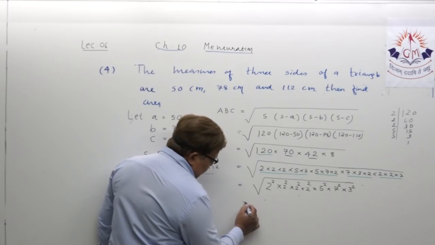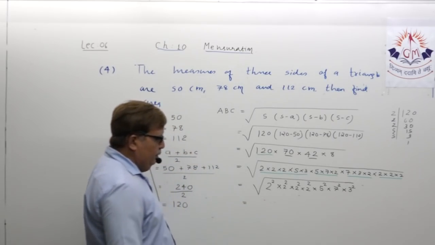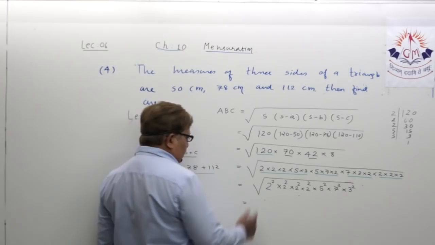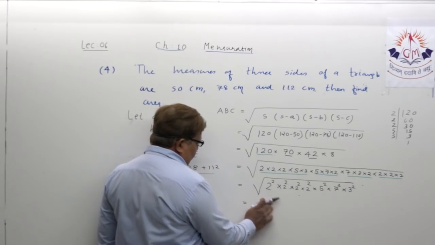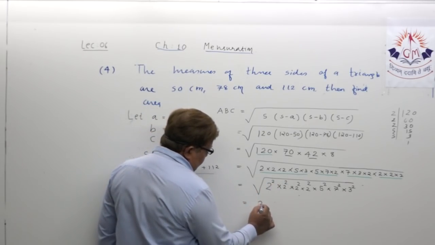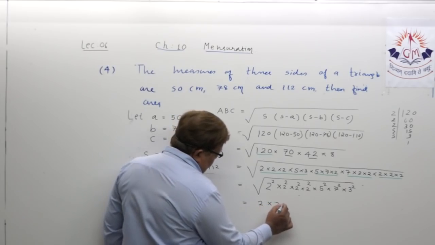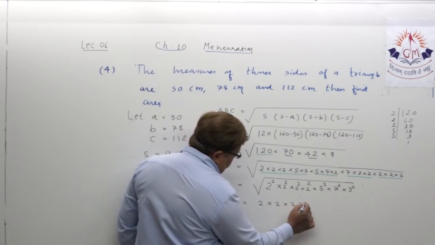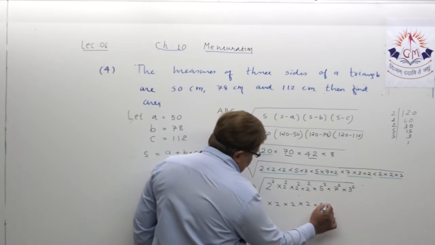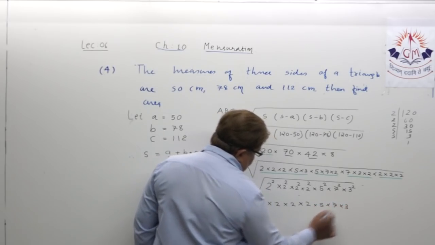Now my dear student, quite simple. Just take them out when you find the square root. It would be 2 into 2 into 2 into 2 into 5 into 7 into 3.